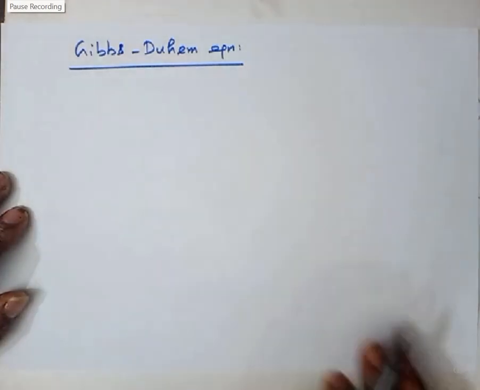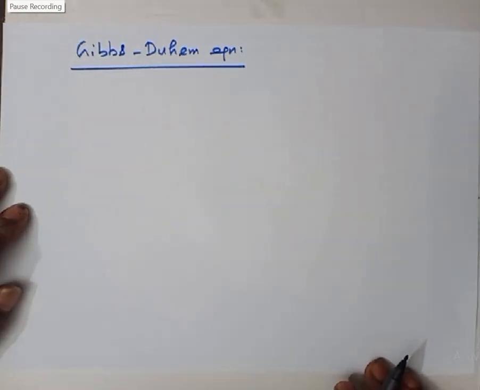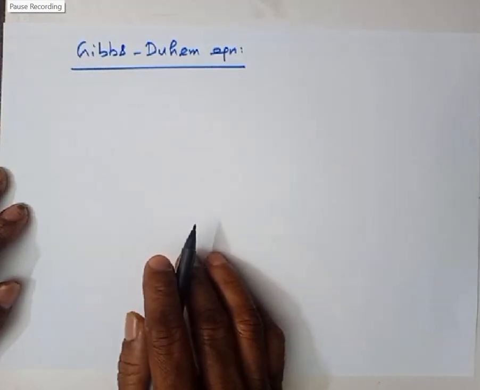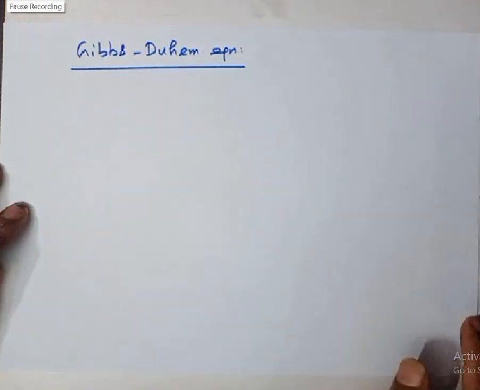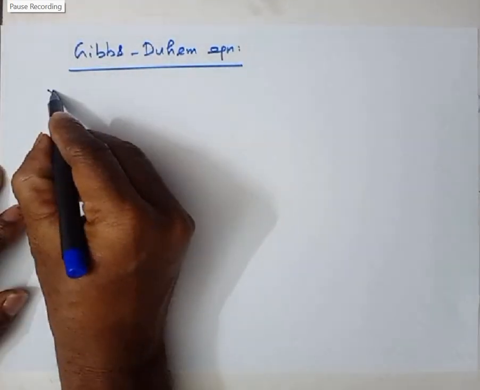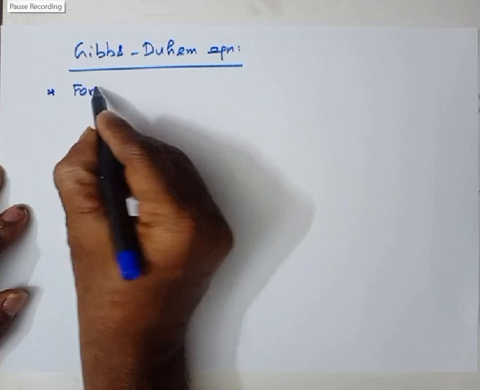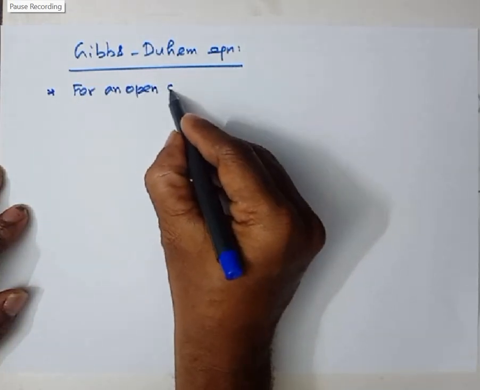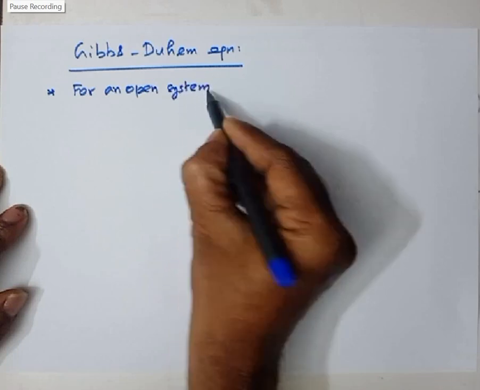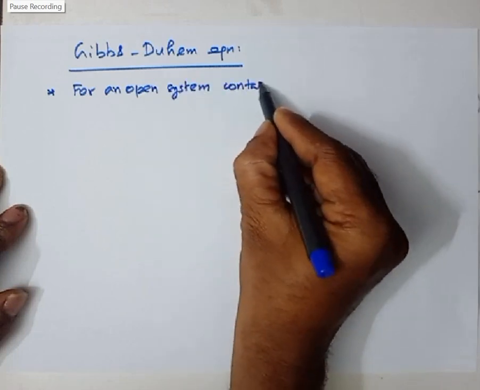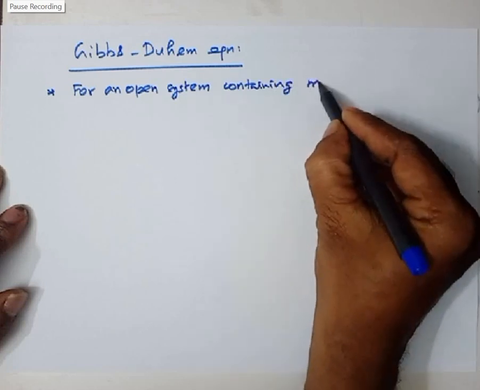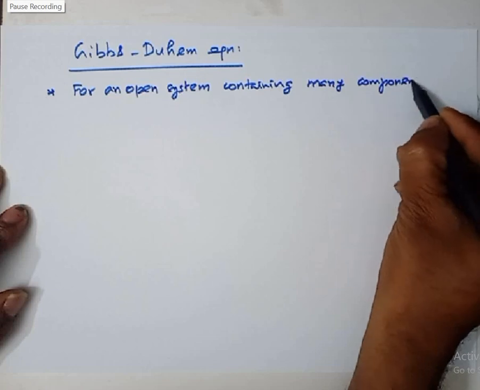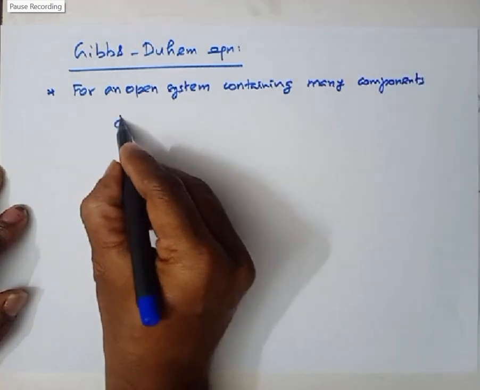The next topic is the Gibbs-Duhem equation. We know very well that for an open system containing many components, we can write the change in Gibbs free energy.